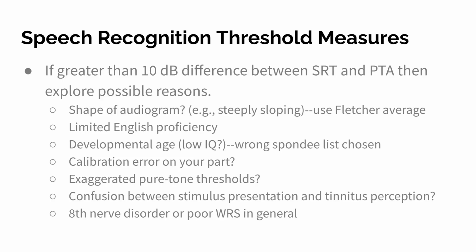That would be having a PTA that's much worse than their SRT. Is there confusion between stimulus presentation and tinnitus perception? So re-instruction required. Is there eighth nerve disorder or just poor word recognition score in general? If a person has a poor suprathreshold word recognition score, they might have a PTA that's much better than their SRT.